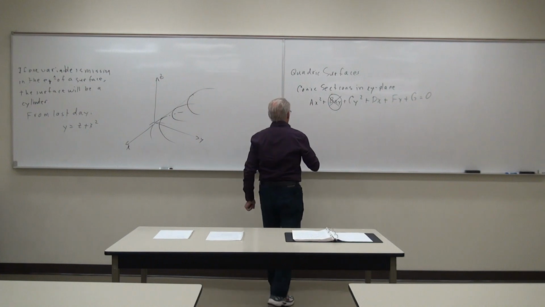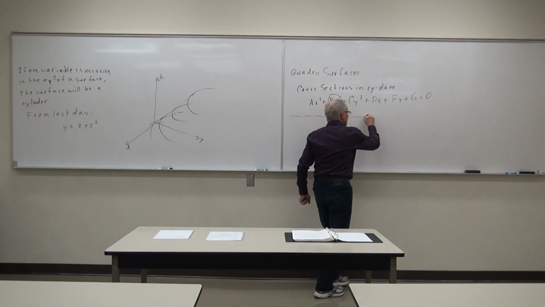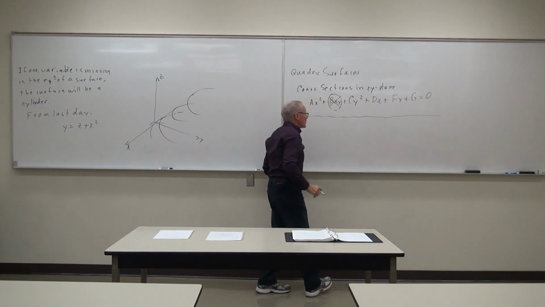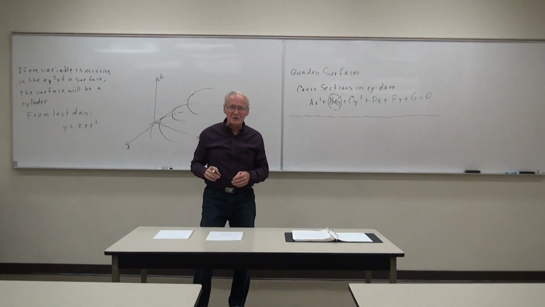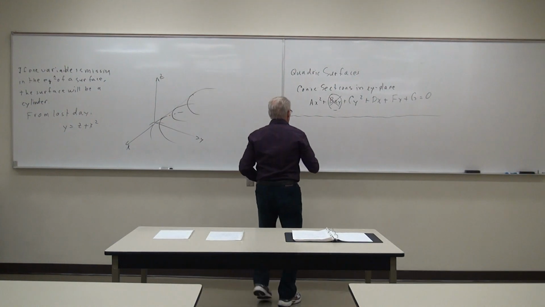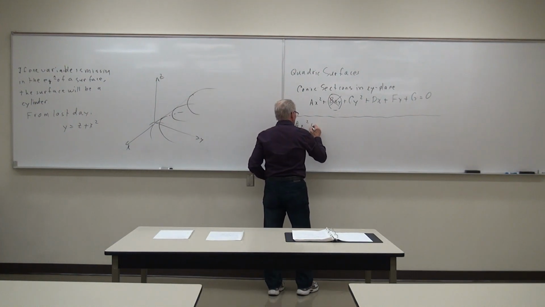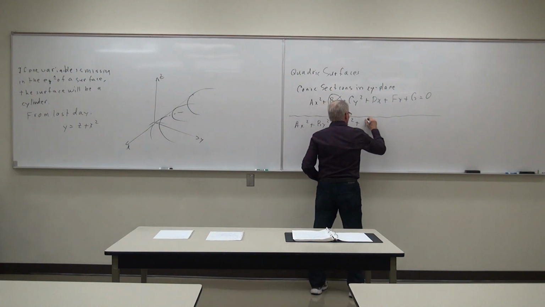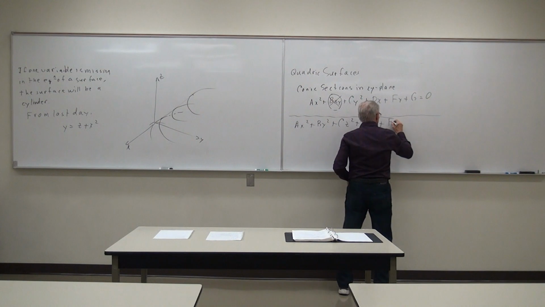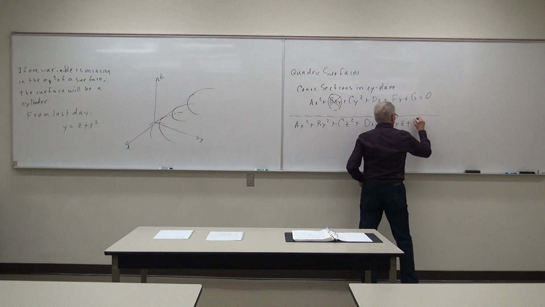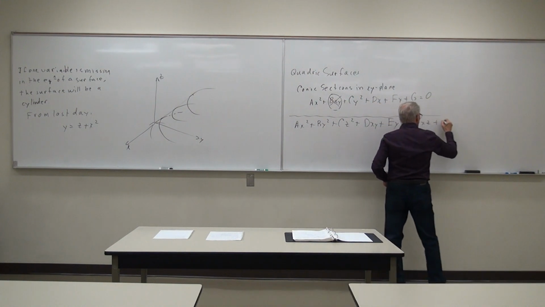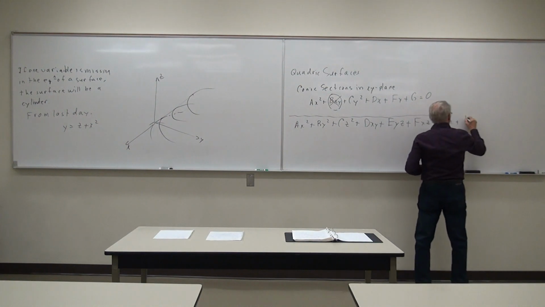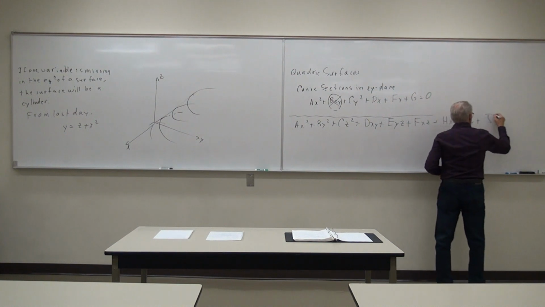We now want to talk about the following equation. We're going to move it up into 3-space and talk about the general quadratic equation in x, y and z. So we would have an ax squared, a by squared, a cz squared, a dxy, an eyz, an fxz, an hx, an iy, and a j equal to 0.